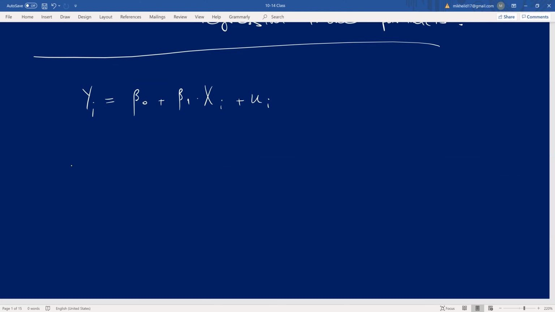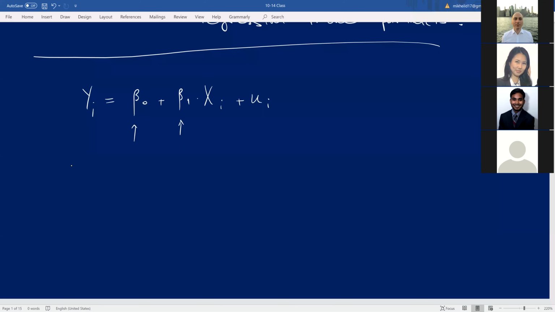So the parameters are beta 0 and beta 1. Do we know these parameters? No, we don't know them, and we want to obtain estimates of those, the best possible estimates of those.